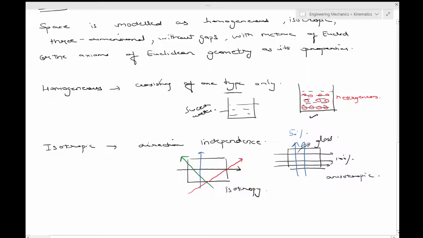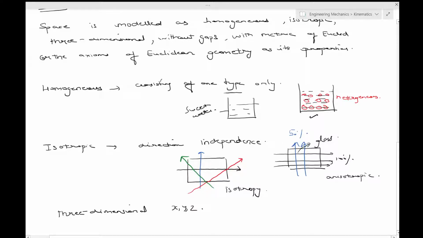And the meaning of the word three dimensions you already know. In the most common words, to describe this space, you will require the variables x, y, and z, considering an appropriate origin. Now, at this point, you may be inside a room.